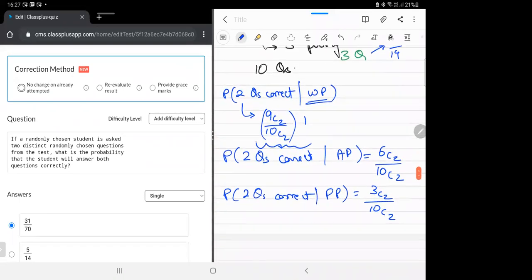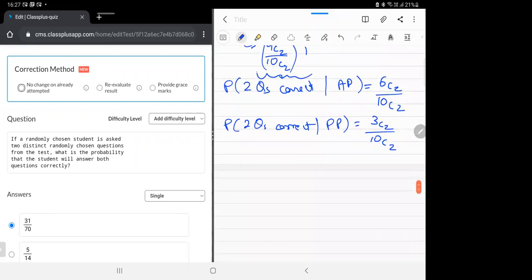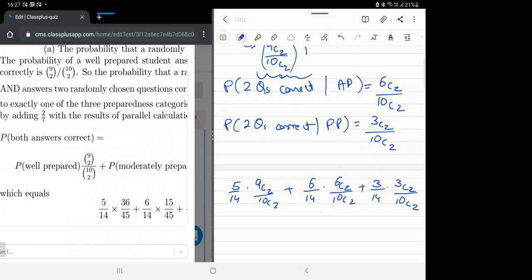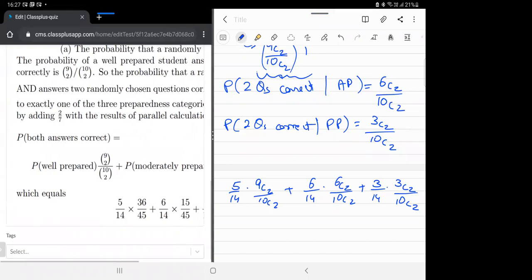So the final probability becomes 5 by 14 into 9C2 by 10C2 plus 6 by 14 into 6C2 by 10C2 plus 3 by 14 into 3C2 by 10C2. And after that, it's just maths, right?